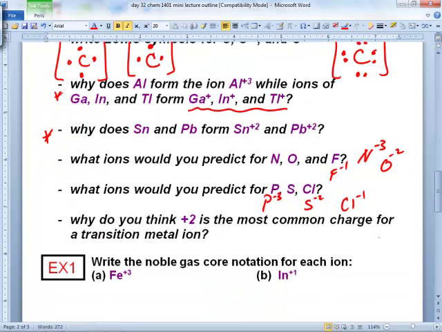Okay, another general question. Monica Soto Ruiz, if you had to guess what the charge is for some transition metal, a common answer, the most common charge for these guys is +2. I mean, it ranges all over the place, but the most common one is +2. Why would that be?